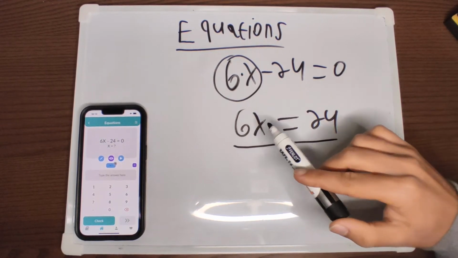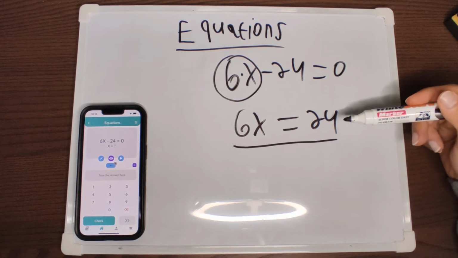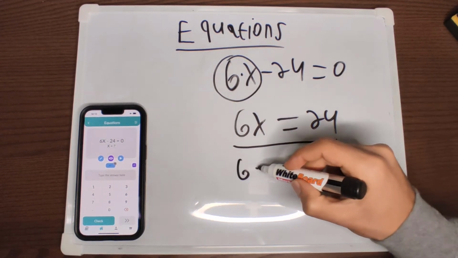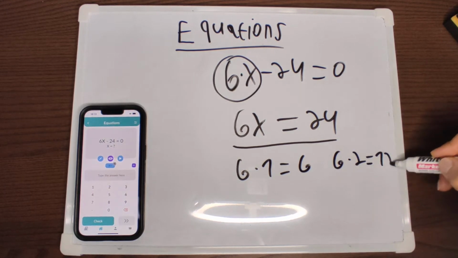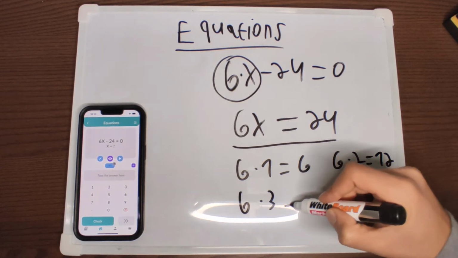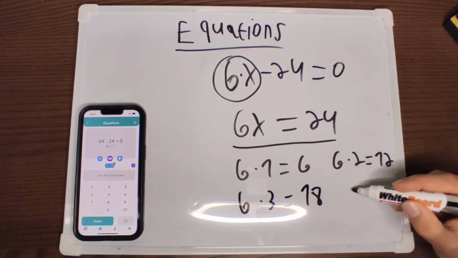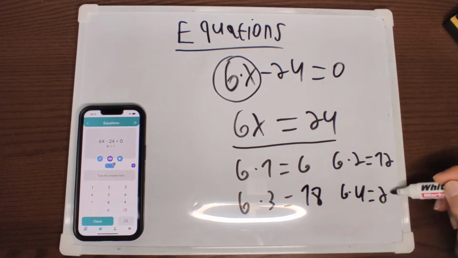6 times what will give us 24? We know that 6 times 1 is 6, and 6 times 2 is 12, and 6 times 3 is 18, and 6 times 4 is 24.